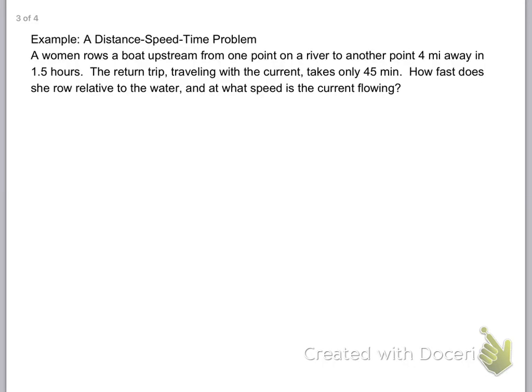Because we know something from doing our last thing with vectors: if I'm going with the current, the speeds will add together. If you're going against the current, you subtract them, right? So I think everybody should agree that my rate up, times time up, will give me a distance up. Yes?